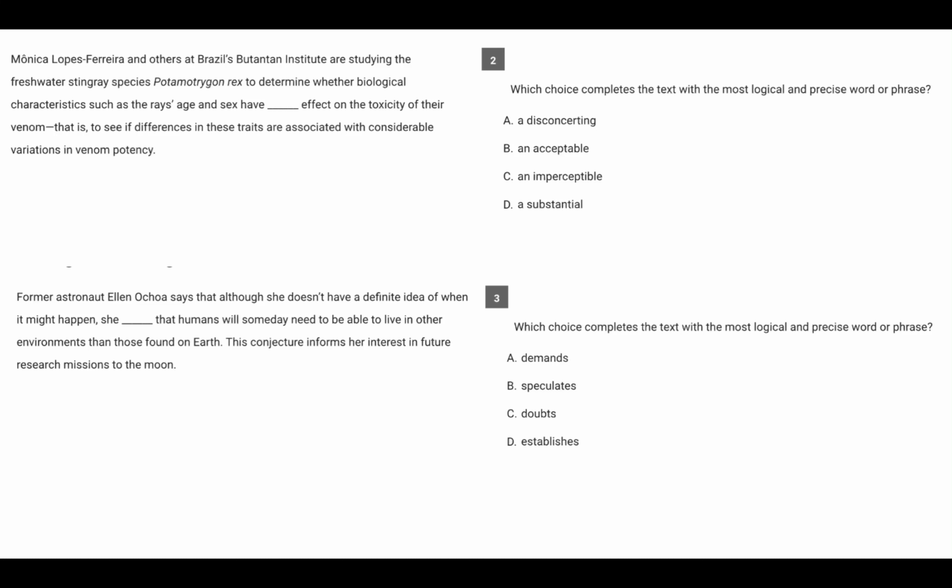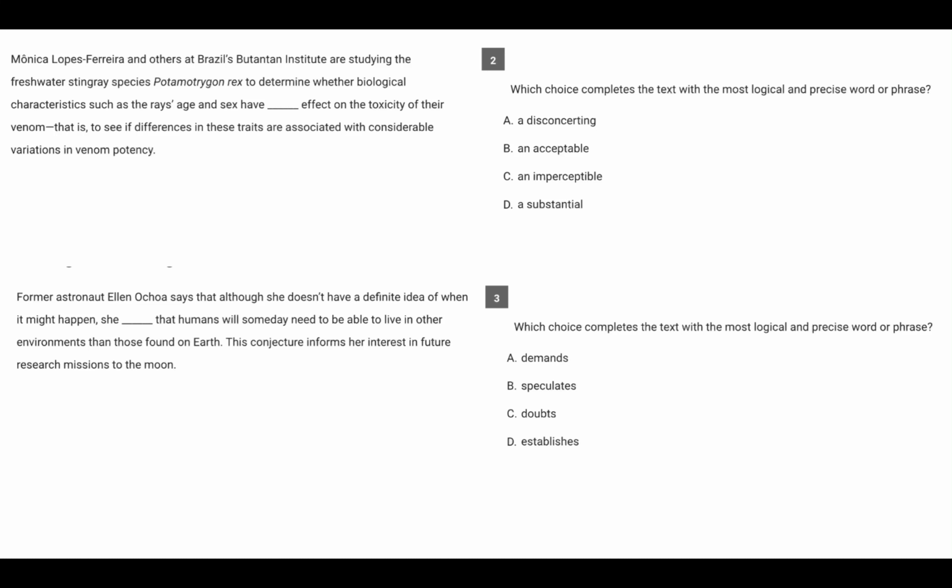Okay, now again, they are making a statement. Some people are conducting some research to determine whether something affects the toxicity of the venom. And then they are providing us more detail, as you can see. This is another structure. They make a claim or a statement, and then they provide more detail or try to explain it more so that a person can understand it easier.